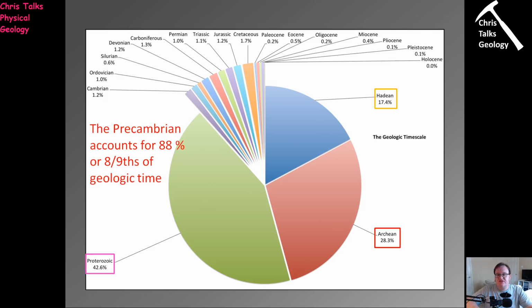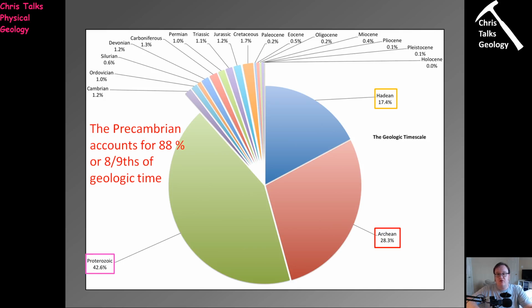Well, we've just discussed that we split up the geologic timescale based on the first or last appearance of certain key fossils. So, in order to split up the rock units, you need fossils, don't you? And fossils with hard bodies didn't appear until about 541 million years ago. That's the start of the Cambrian. So once we are past 541 million years, we can start splitting up the rock record using fossils because they're there.